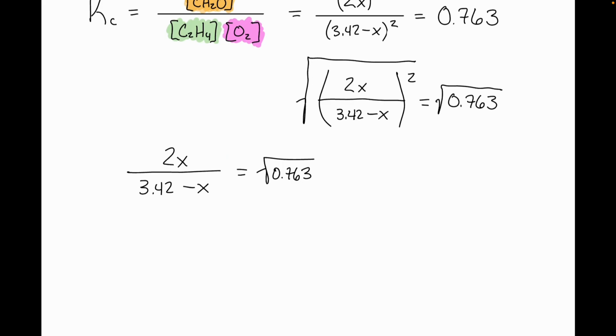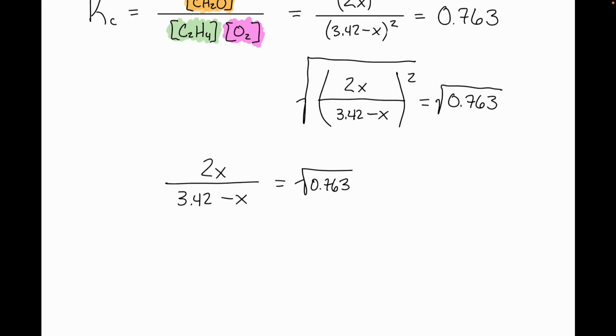So what am I going to have to do next in order to solve for x? I got an x on top here and an x on bottom here. I'm going to eventually have to combine them. I'm going to have to move that denominator over to the other side, right? So how do I move that denominator? What do I do to both sides? Multiply by the denominator. Look, you can do anything you want to an equation as long as you do it to both sides, right?